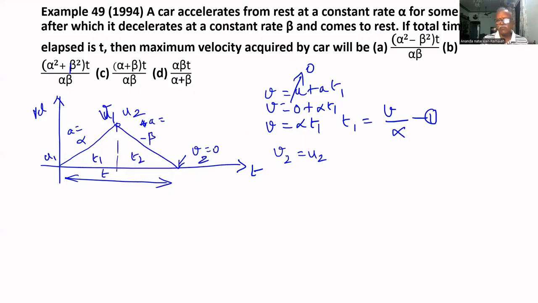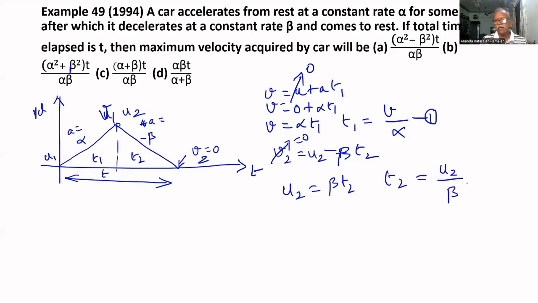Okay. v2 equal to u2 plus minus beta times t2. Here, final velocity is 0. Therefore, u2 equal to beta t2. Therefore, t2 equal to u2 divided by beta. This is the second equation.